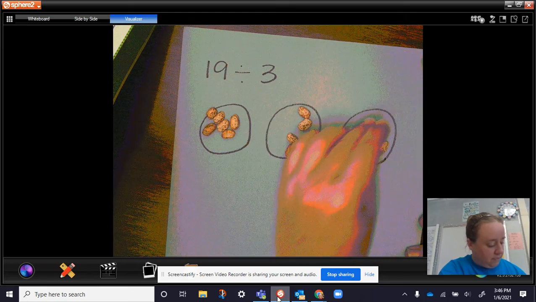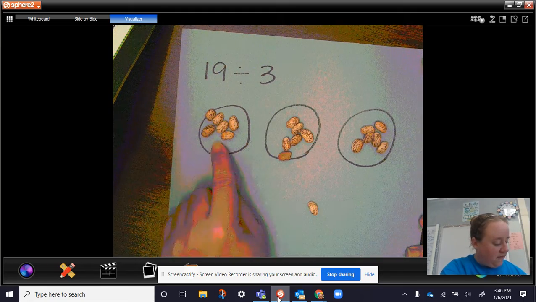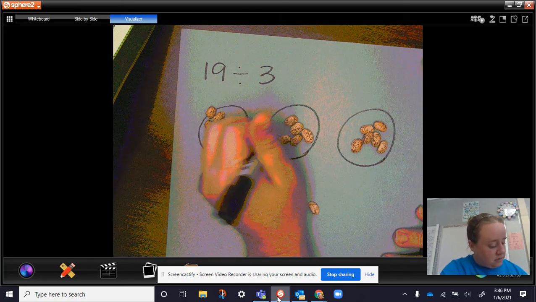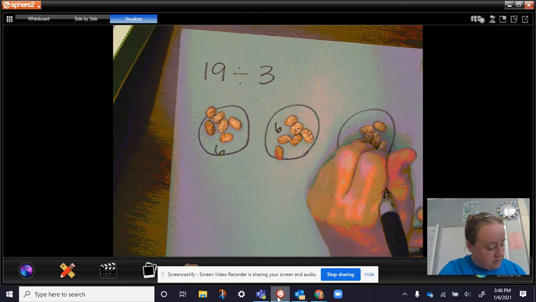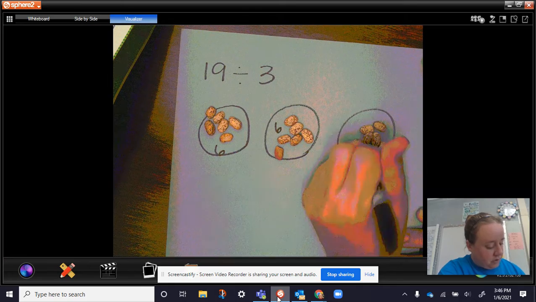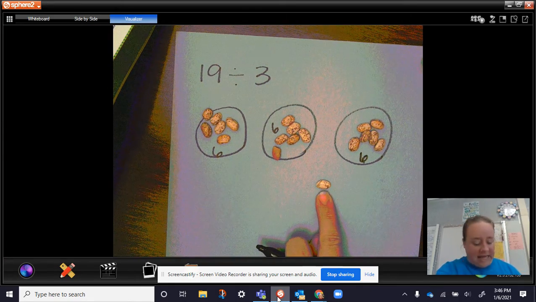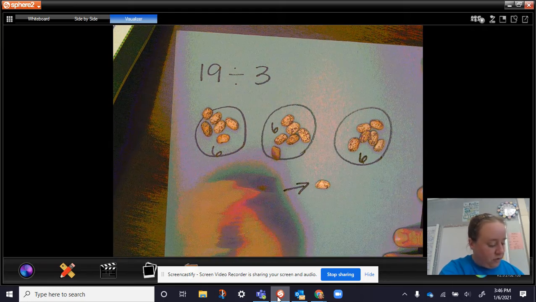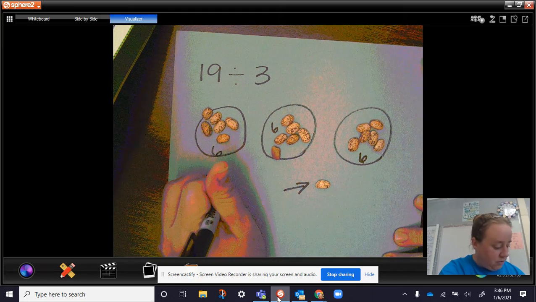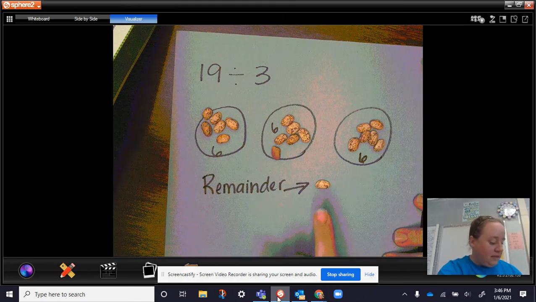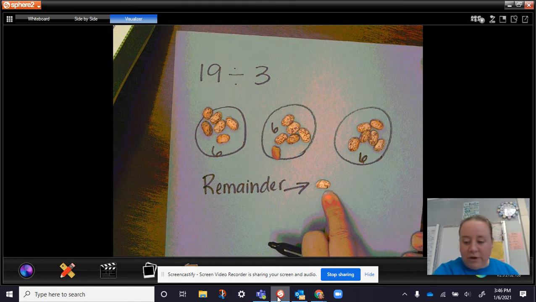So each of them now has 6, this one has 6, and this one has 6. And there's this one left over. We named this one that's left over. This is called a remainder. A remainder was in our total.